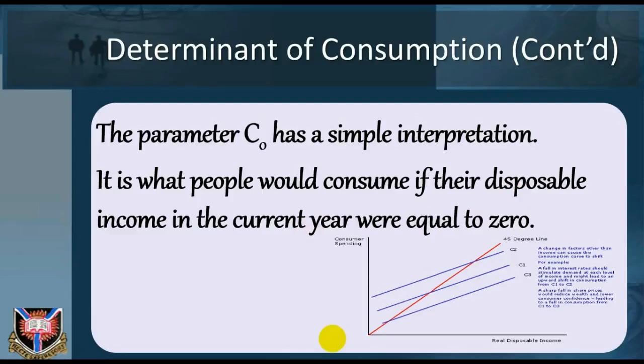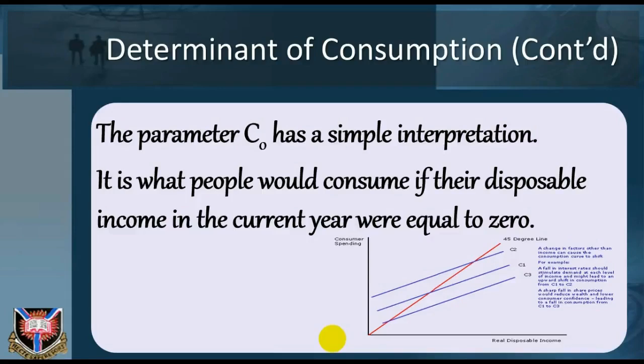How can people have positive consumption if their income is equal to 0? This is made possible by either savings, borrowing, or both. This means that a consumer can either lean back on what he had saved before or actually go on borrowing.